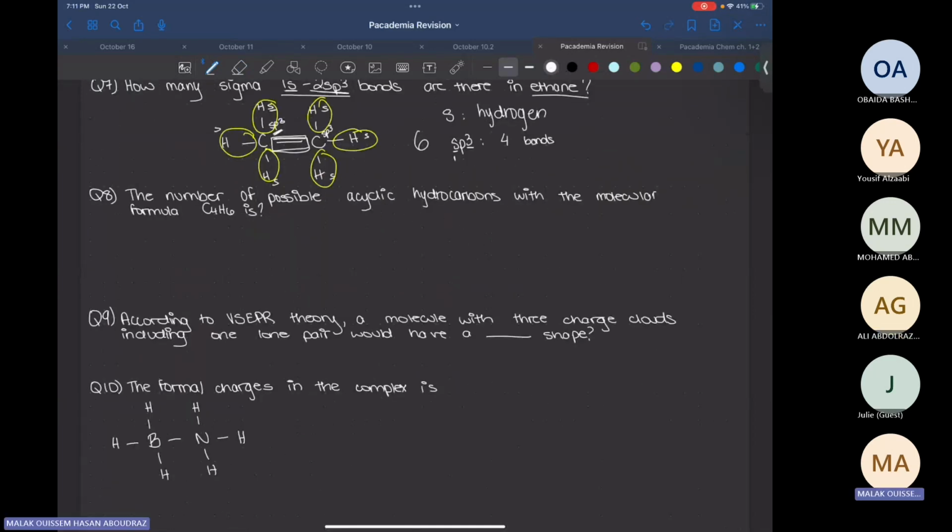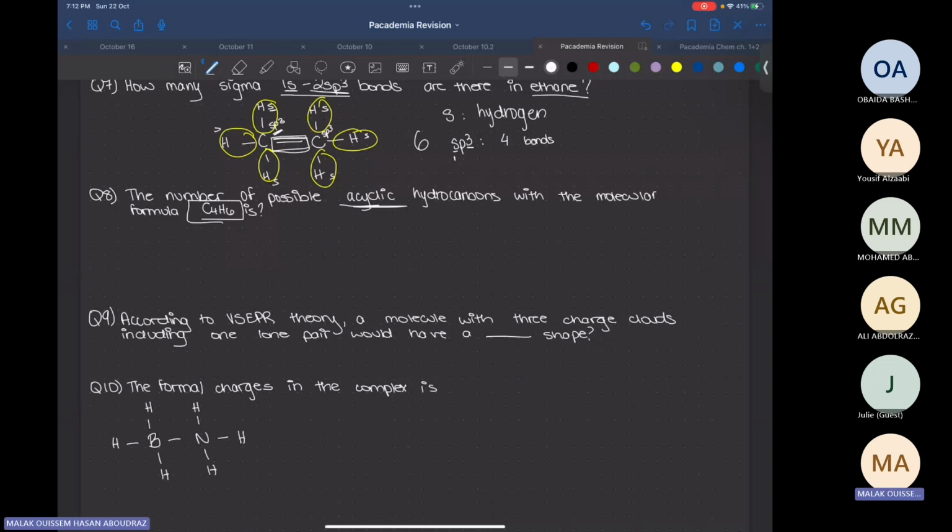Okay, let's go to the next question. So the number of possible acyclic hydrocarbons with the molecular formula C4H6. Okay, what does acyclic mean? Non-cyclic. Not cyclic. So I'm not forming a shape, صح? Yes. Okay.